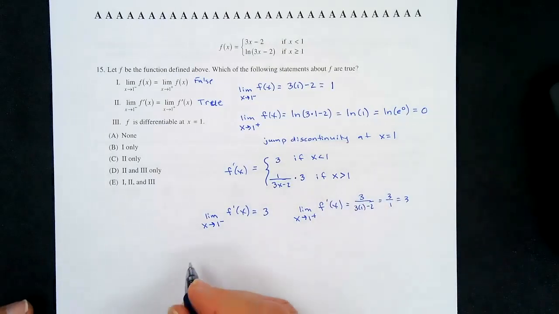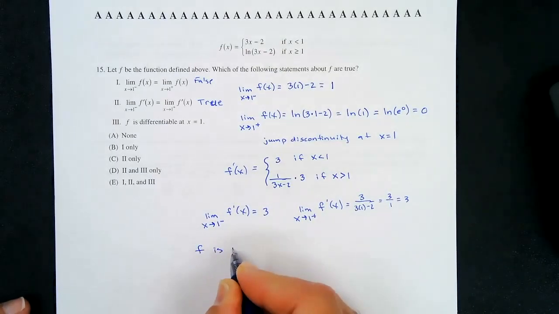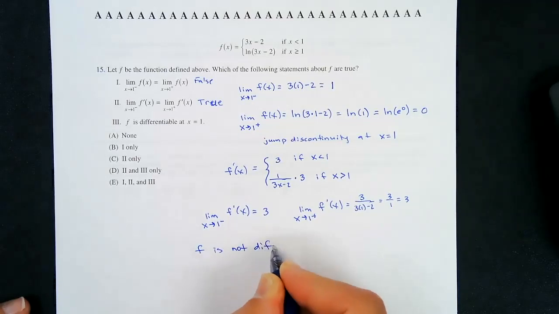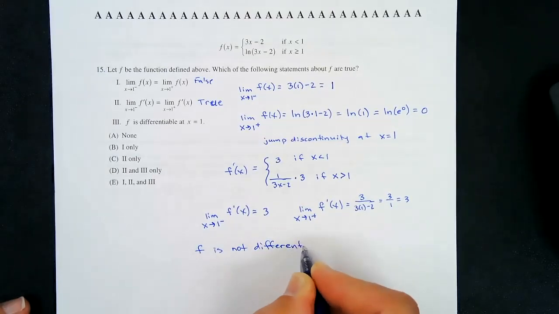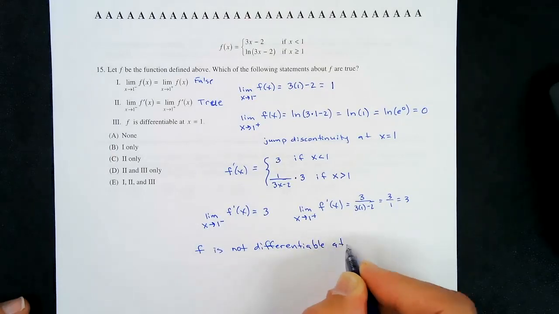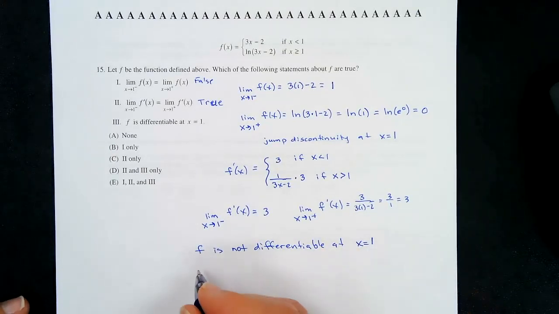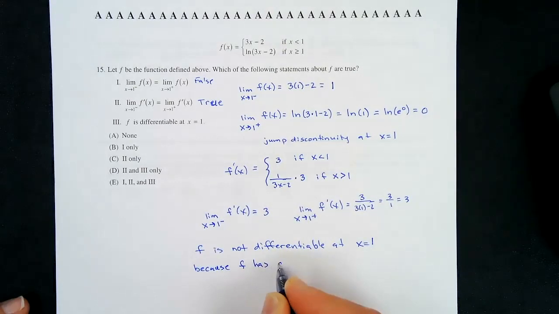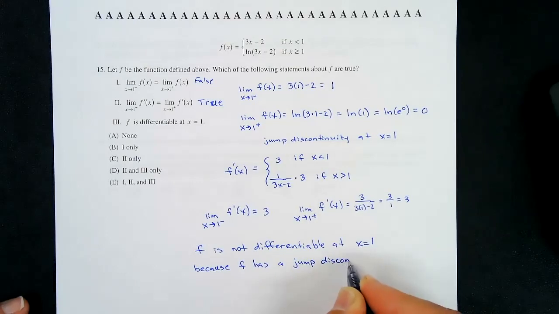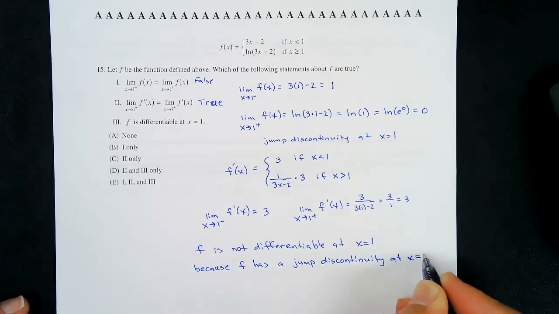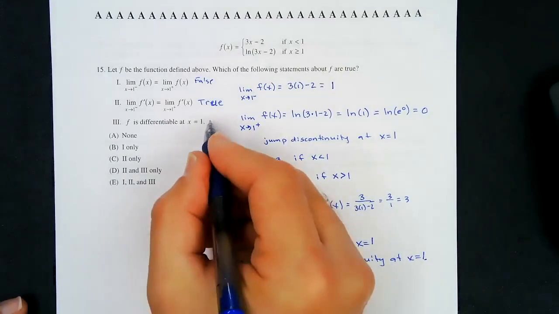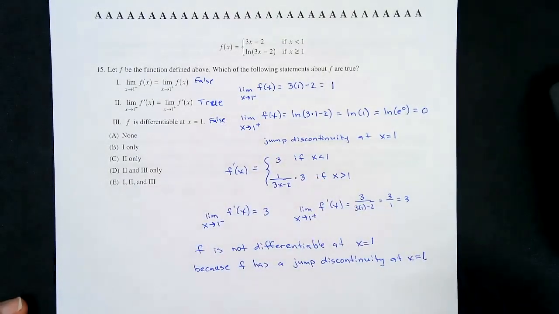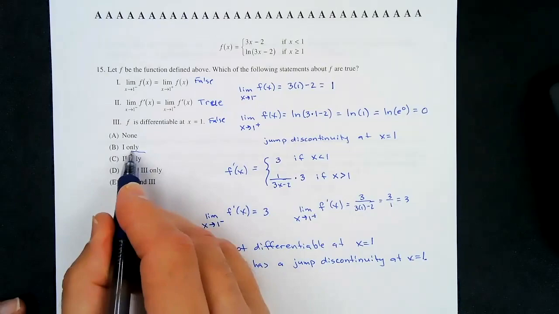So we would say f is not differentiable at x equals 1 because f has a jump discontinuity at x equals 1. And so this one is false. So the only one that's true is statement 2, and the correct answer would be C.